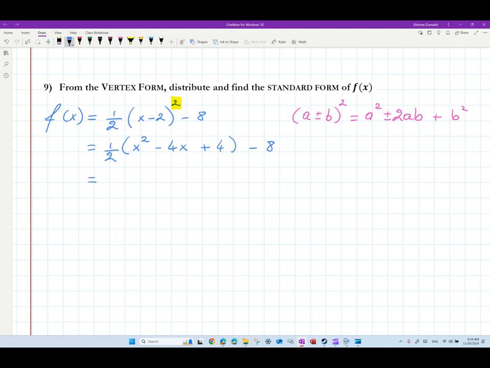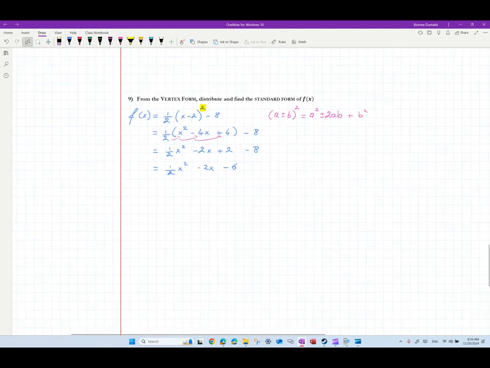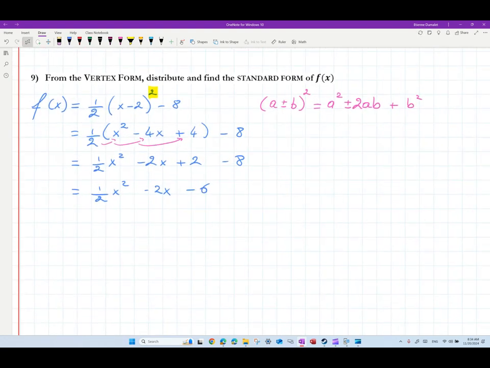And now if I distribute then the 1/2 with each, I would have 1/2 x squared minus 2x plus 2. And after a final simplification, 2 minus 8 is negative 6. And I land on the exact same result. That's it. Good luck.